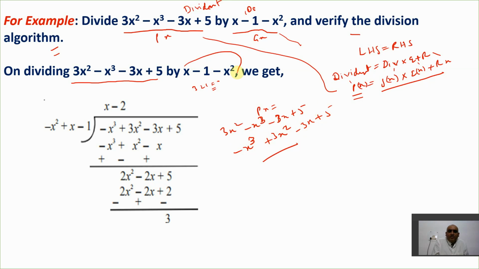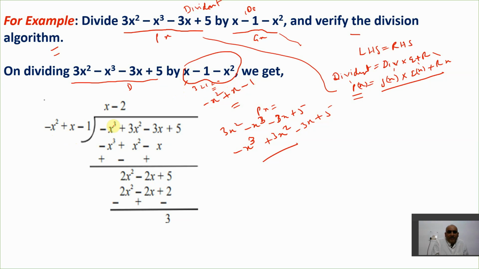In the same format, we have to arrange this like this. So first the second power will come, then the next power, and then the next. After arranging, divide it, because this is a dividend and this is a divisor. We always have to divide the dividend by the divisor.